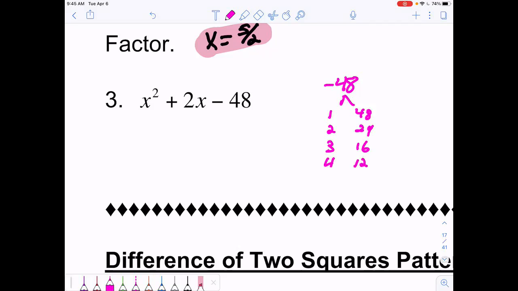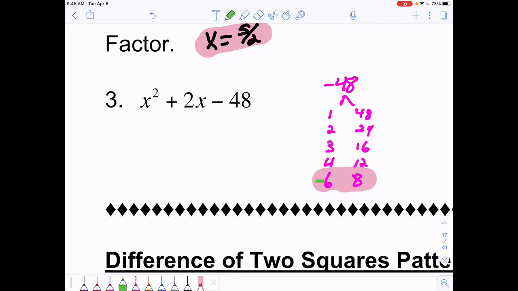Good. 6 goes in there how many times? Hey, good. And do any of these have a difference of 2? Yeah, 6 and 8 do. So which one's positive, which one's negative?